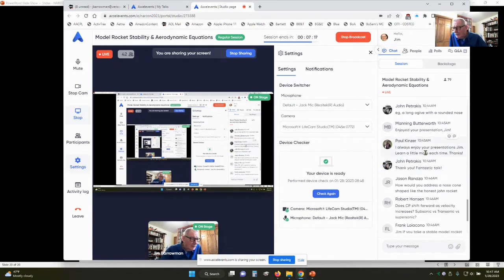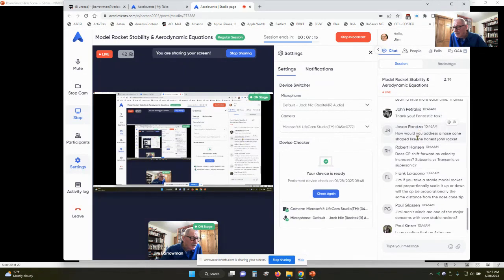I'll thank you for some of the other discussions, other points. How would you address a nose cone shaped like an Honest John rocket? That's basically an ogive with a conical boat tail.